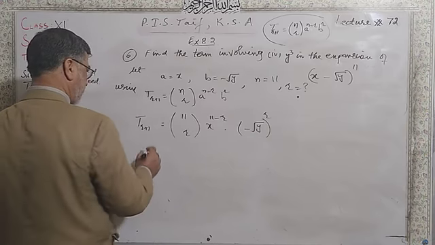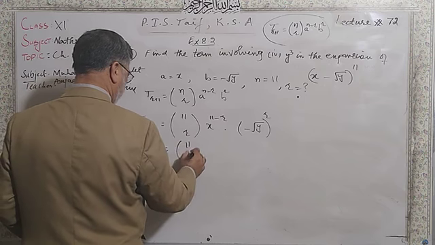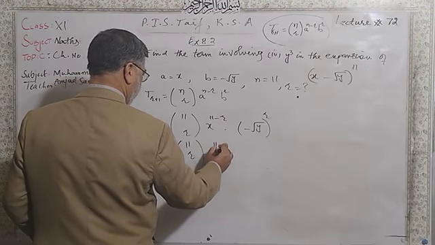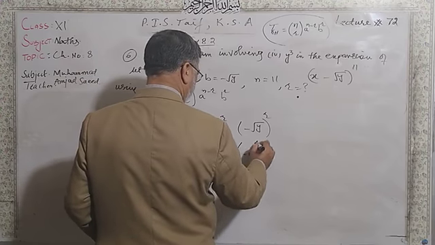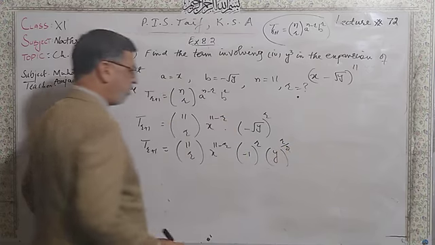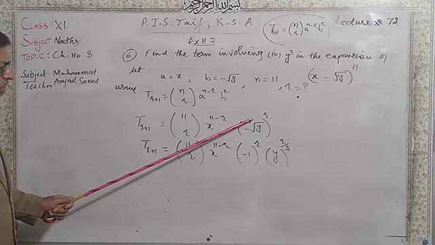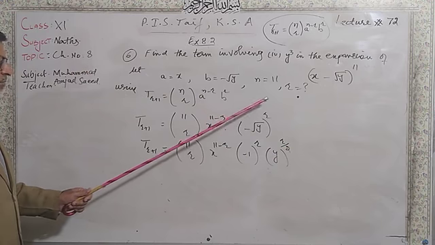So dear students, T r plus 1 is equal to 11Cr, x power 11 minus r, minus 1 power r, y power r by 2. You know that y under root is y power 1 over 2, multiplied by r.